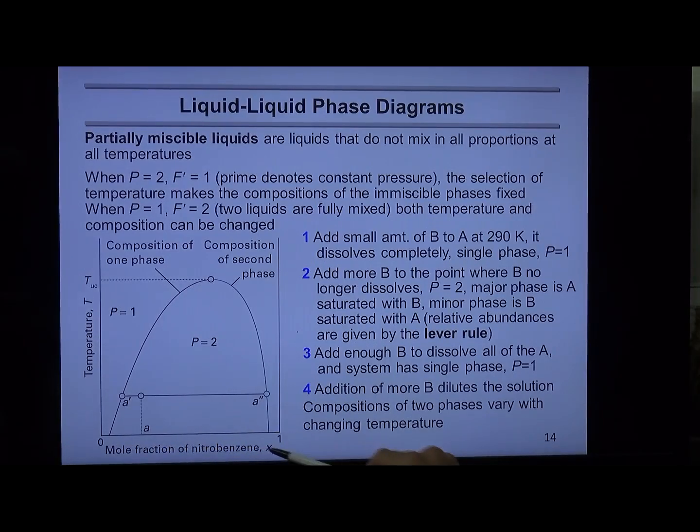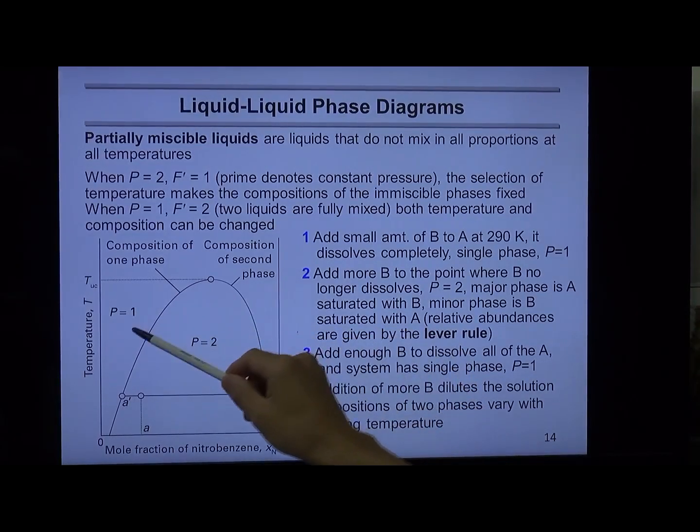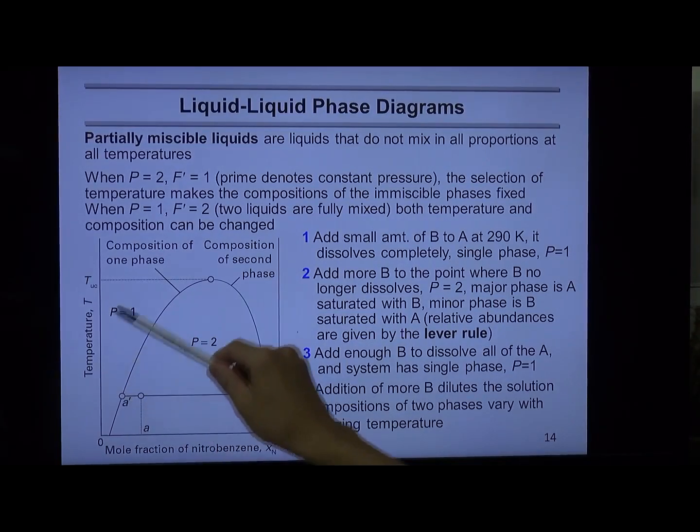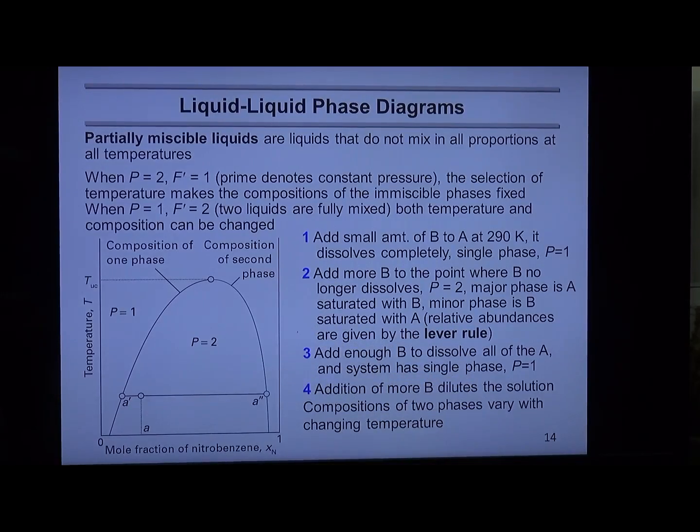So basically this x-axis is the mole fraction of B. There is much more B compared to A, then all of A can be dissolved in B. So now we are back to phase number 1. Okay? They are totally miscible. In this region and also in this region, when one of these two materials, A or B, is much more than the other, then they can be mixed together completely.